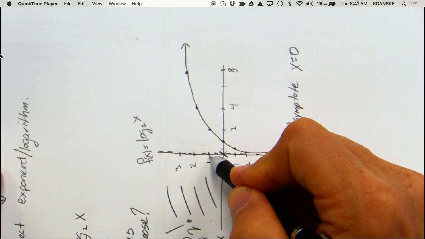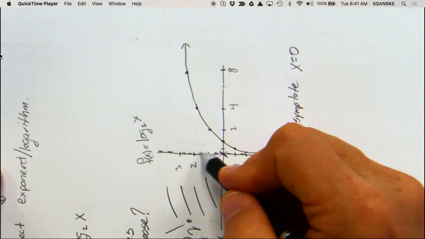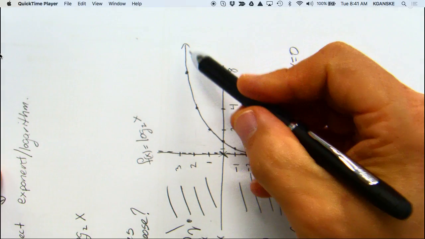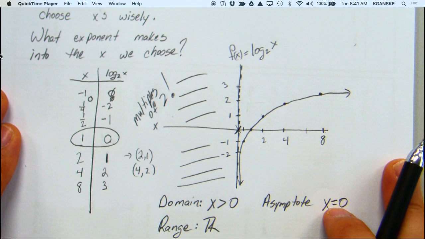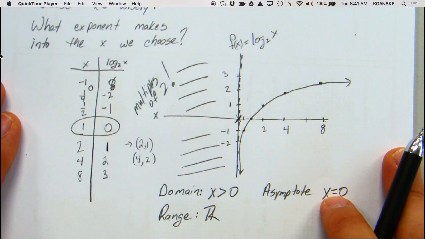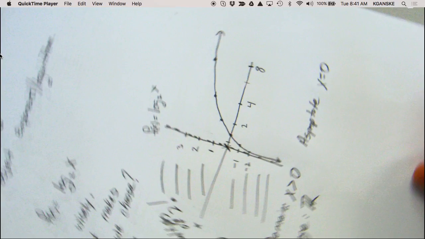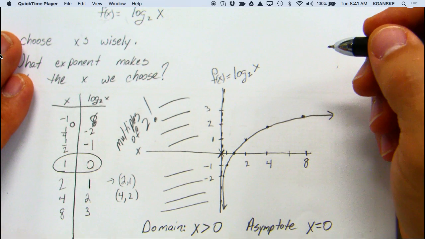Positive 1, 2, positive 2, 4, positive 3, 8, right? What kind of relationship between a logarithm and an exponential do I have? There's the word. They are inverse.